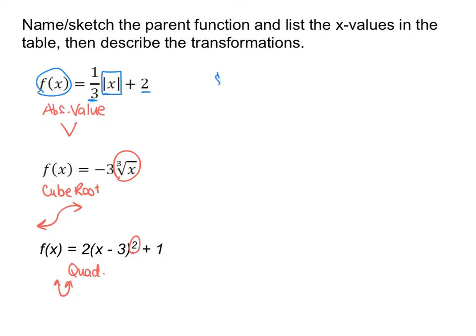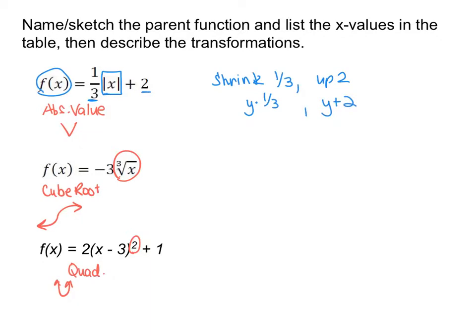That is a shrink of 1/3. So we have a shrink of 1/3, or it's a y times 1/3. And then we have a plus 2. So that is going to be an up 2, or a y plus 2.